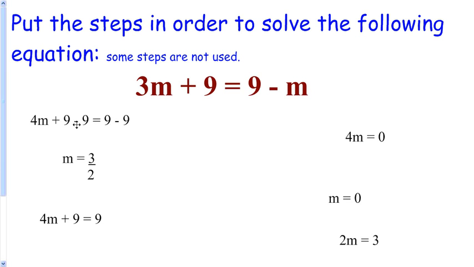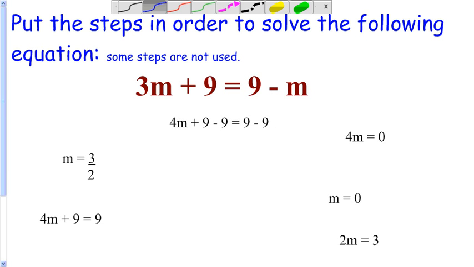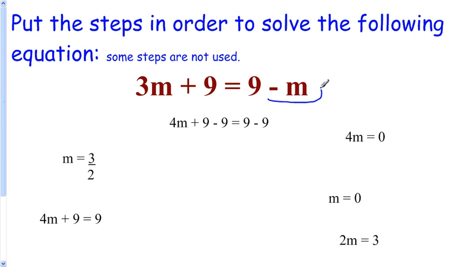If we look at this step here, how we get from here to here is if we bring the minus m to the other side, it actually becomes plus m. And so we get 3m plus m gives us 4m.